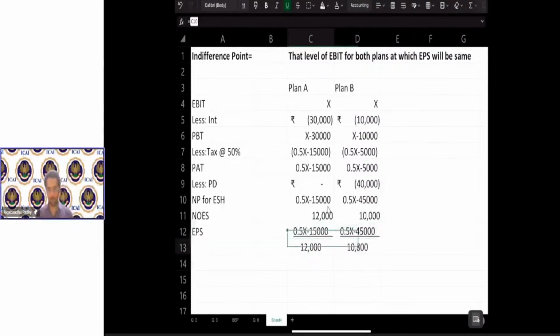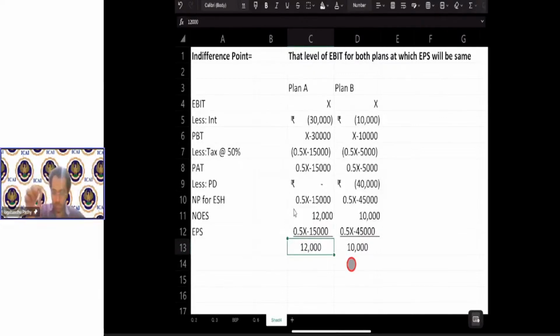Under the first plan, EPS is 0.5x minus 15,000 upon 12,000. Under the second plan, it is 0.5x minus 45,000 divided by 10,000.